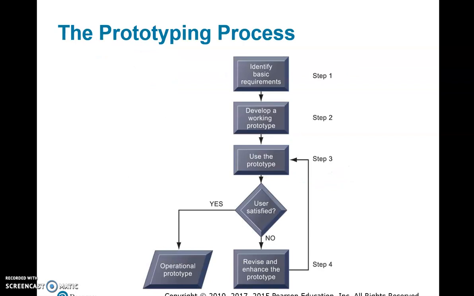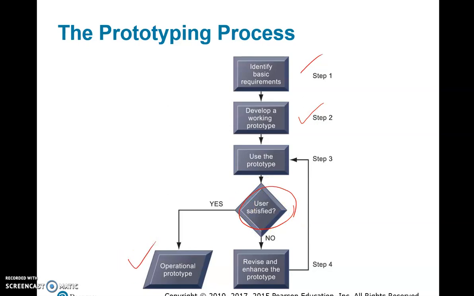The prototyping process, as we described before, has the 4 steps. So you identify the basic requirements, you develop a working prototype, you use the prototype, and if the user is satisfied with it, you go for it as an operational prototype.